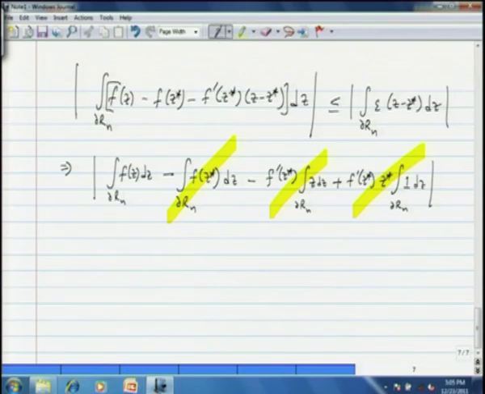So, this is less than or equal to epsilon times the contour integration on R n of the modulus of z minus z star times mod dz.